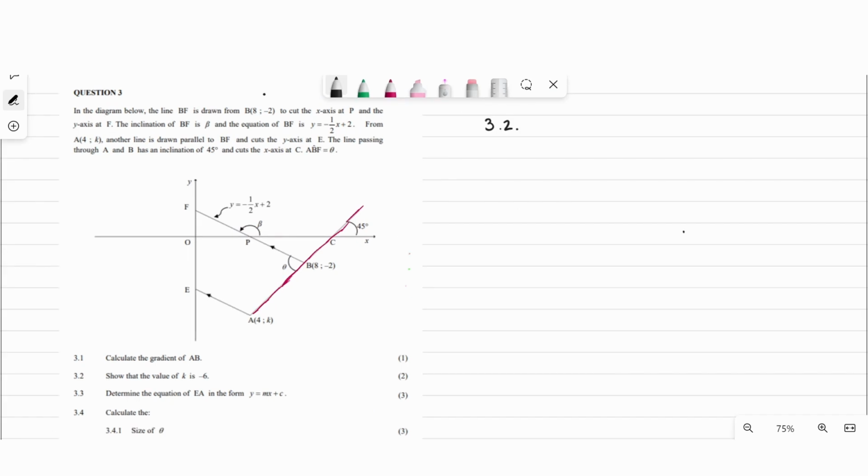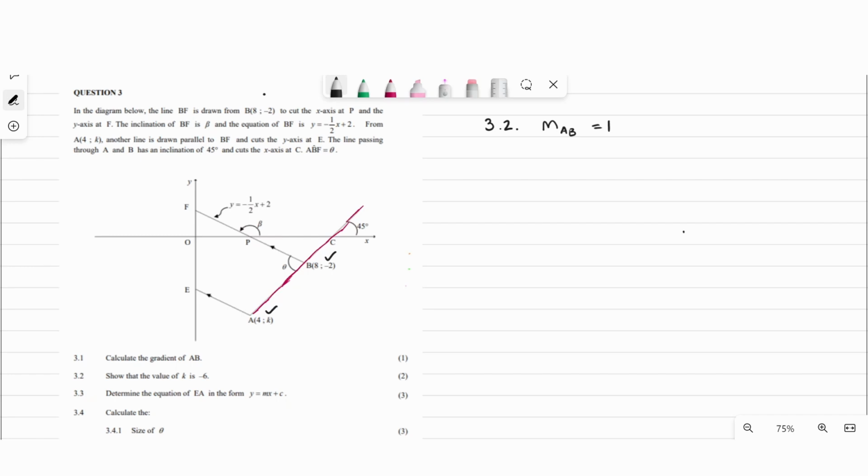Question 3.2 says, show that the value of k is equal to -6. Since we know the gradient of AB is 1, and we have the coordinates of both points, the only thing missing is k. We can use the gradient formula to find k.